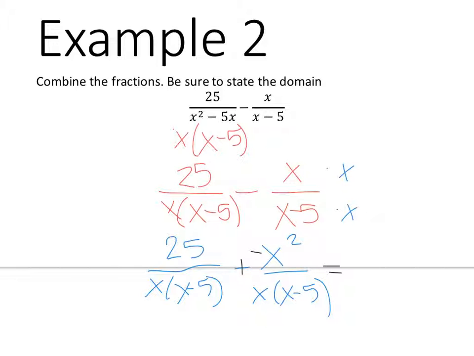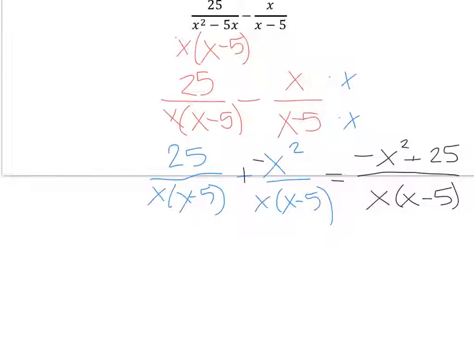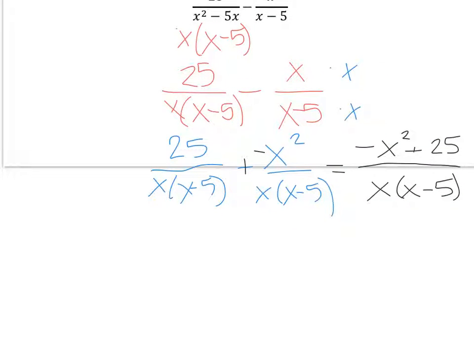So I'm going to write this in standard form, so the x squared is going to go in front, all over x and x minus 5. This problem is actually going to have a couple more steps to it because negative x squared plus 25, since my first term is negative, I have to take out a GCF of negative 1. So that's going to be x squared minus 25.